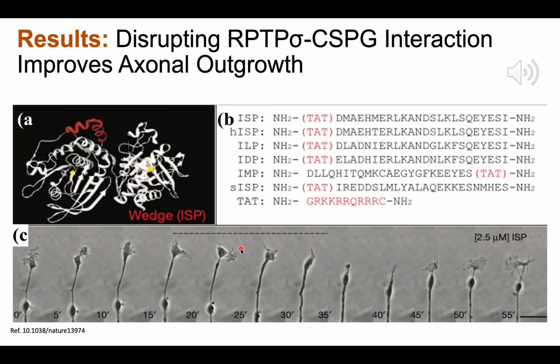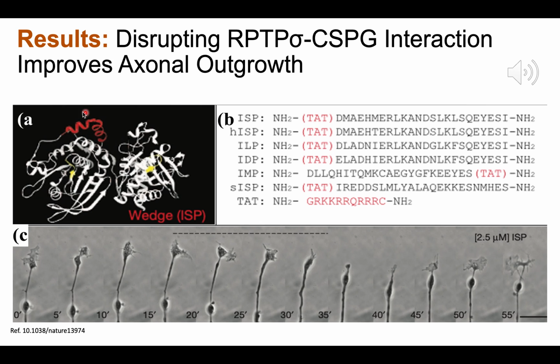The last set of results obtained within the study was with regards to developing a method to disrupt the interaction between the receptor and inhibitory molecule in an attempt to improve axonal outgrowth. So looking at figure A is the general structure of the receptor, and analyzing this structure led researchers to identify and discover a highly conserved 24 amino acid intracellular wedge domain, which is shown in red.